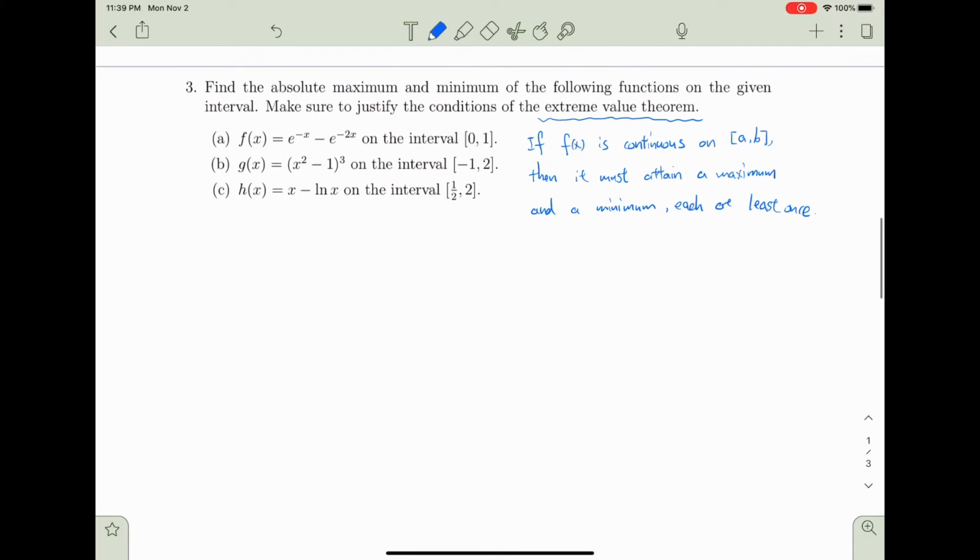So it means that it must have a maximum and a minimum.